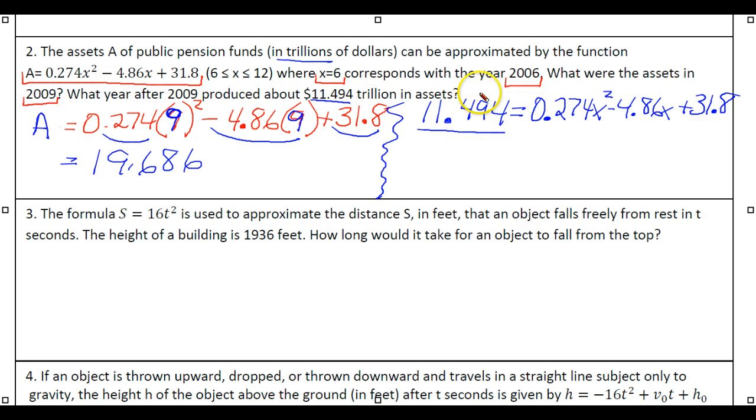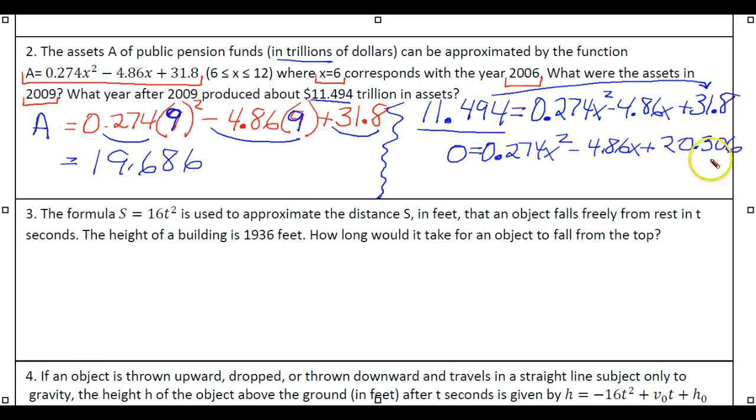Well, we're going to do so by transposing it to this side. It becomes a negative that we will subtract from that, and then we'll have 0 equals 20.306.